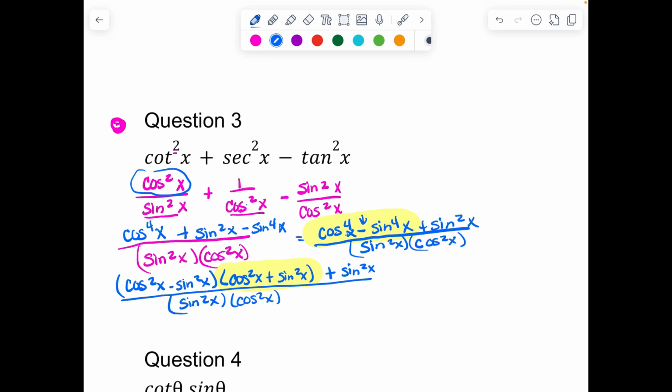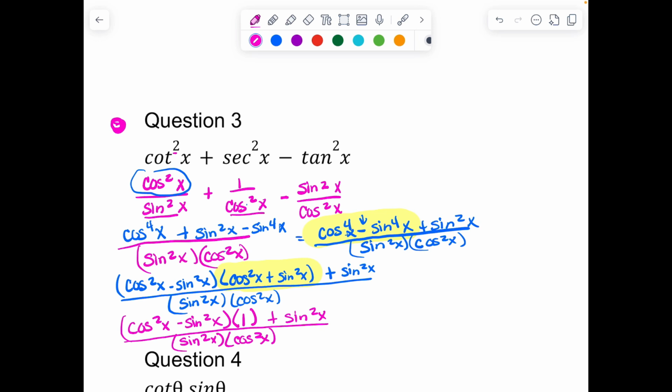So we're going to rewrite that: cosine squared of x minus sine squared of x times the 1, plus sine squared of x, and still all over our common denominator.